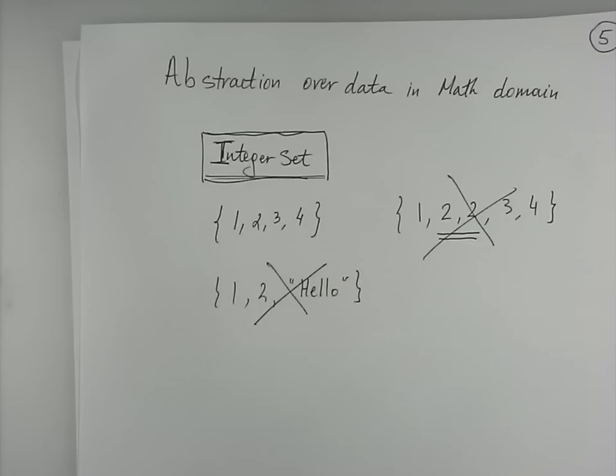Now let's actually try to represent it in Java. I'm going to start writing some code for you, and we're going to start with the specification. Usually when you specify a data abstraction, you talk about the operations that you envision on it. So what kind of operations do you need for a set of integers?